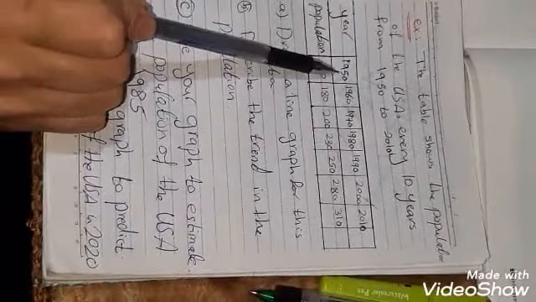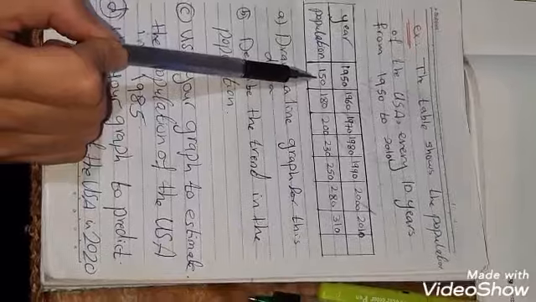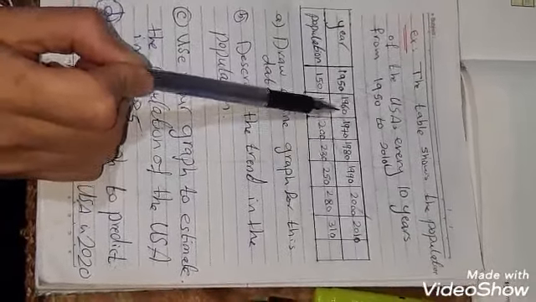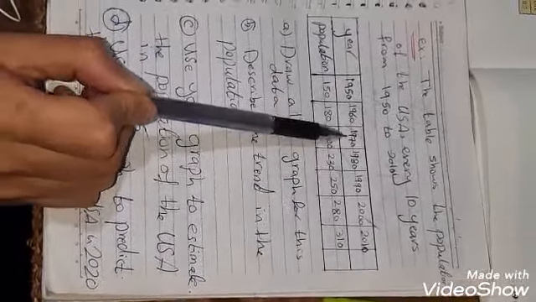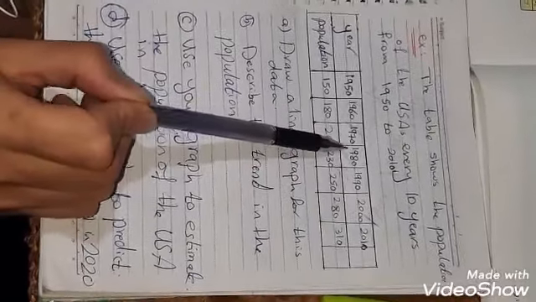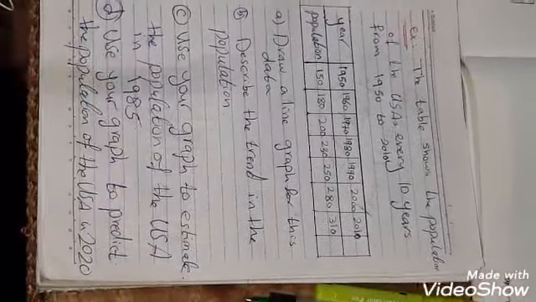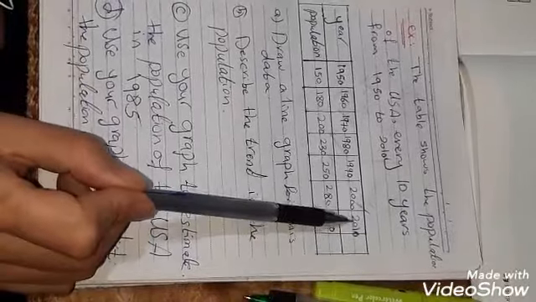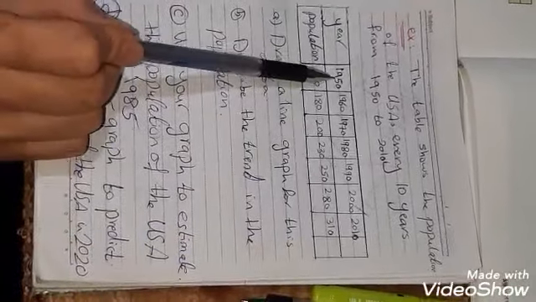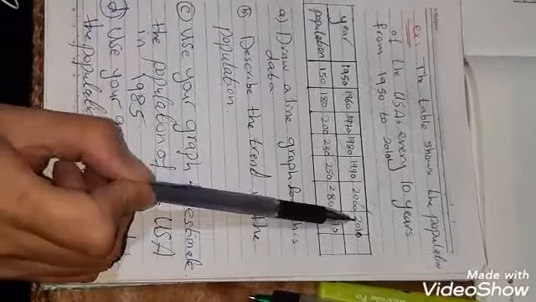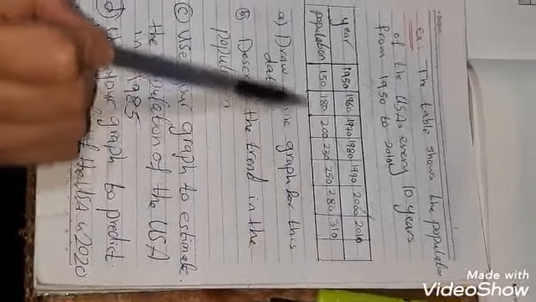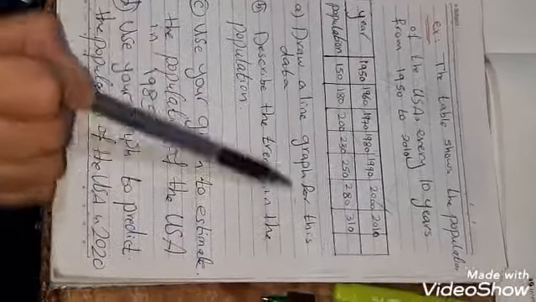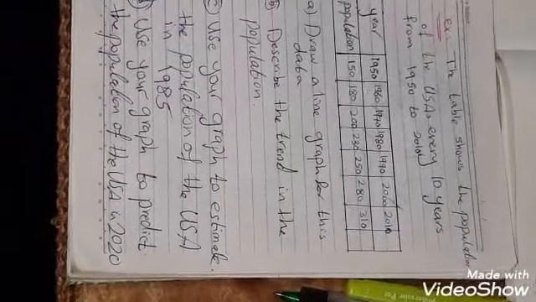In 1950, 150 million. In 1960, 180 million. In 1970, 200 million. In 1980, and so on, up to 2010.